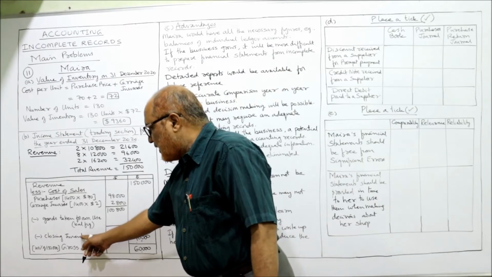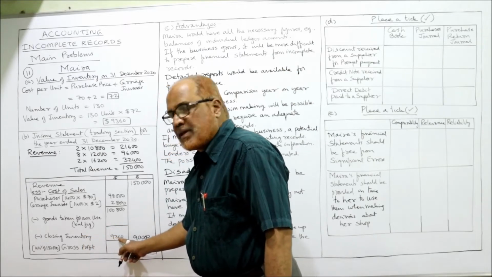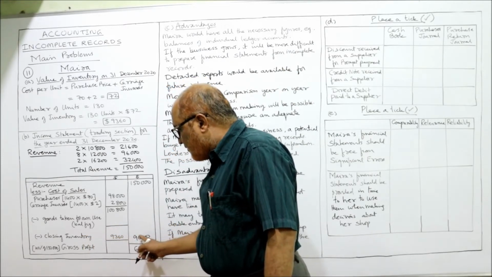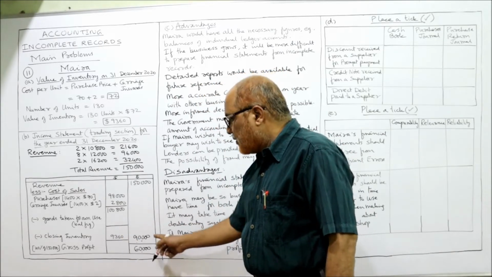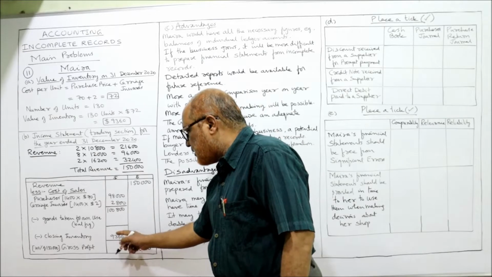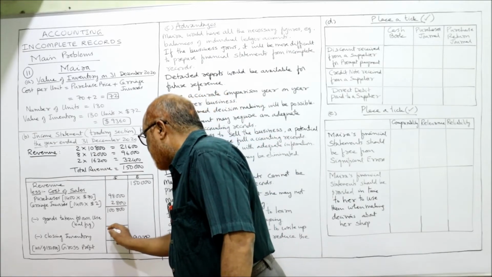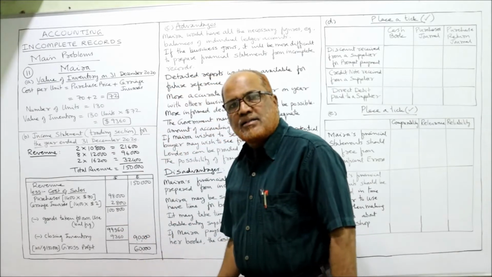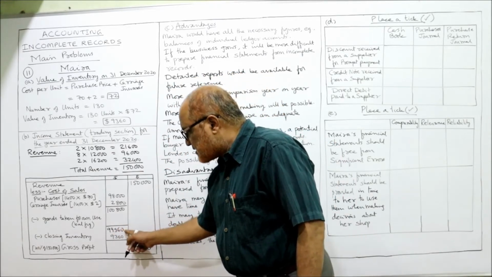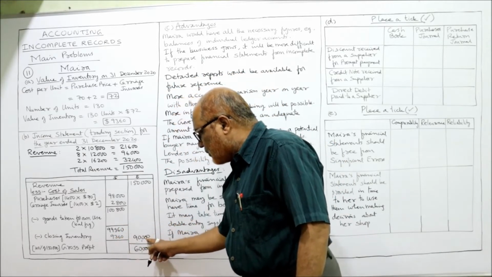Now here closing inventory we have deducted, and we got 90,000. So before deducting 9,360, you add up 90,000 plus 9,360, 99,360. Now you can confirm: 99,360 minus 9,360, you will get 90,000.